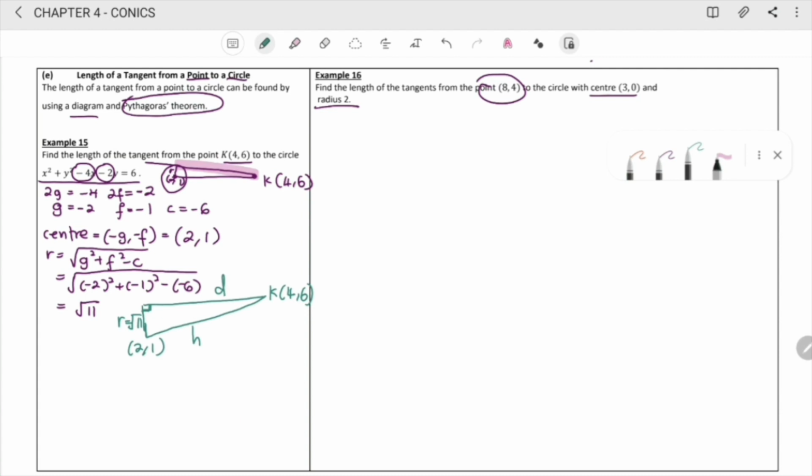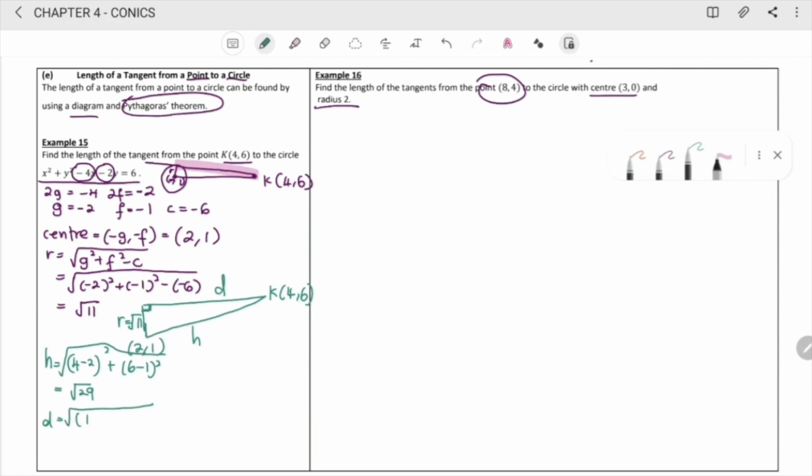So we are going to find the length of H first, which is from the center to the K. So H is the square root of (4 minus 2) squared plus (6 minus 1) squared, and then you will get square root of 29 for the H. And for the D, we are going to use the Pythagoras Theorem, which is H squared minus R squared gives D squared.